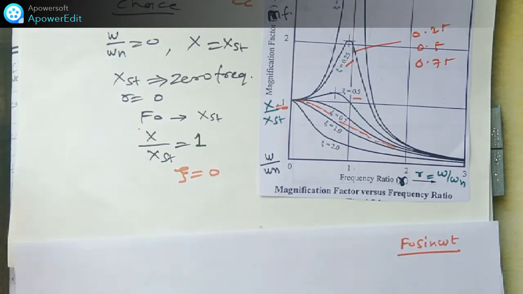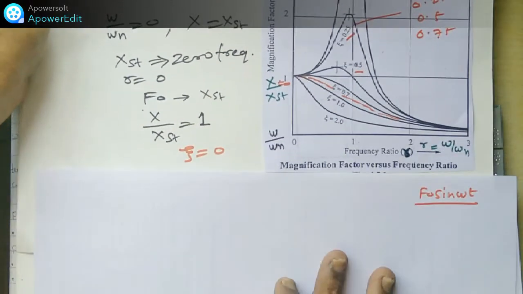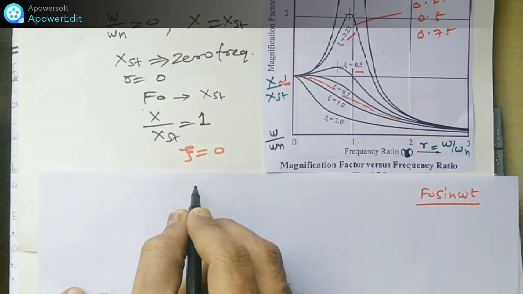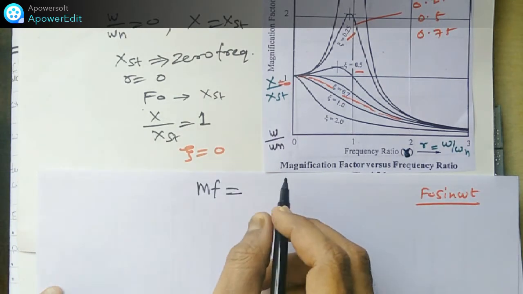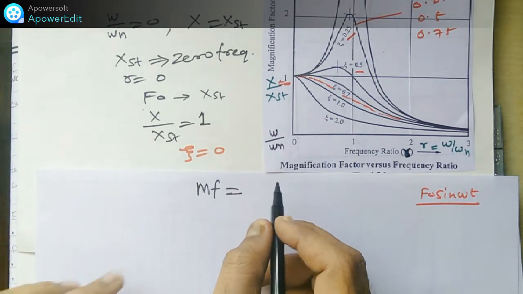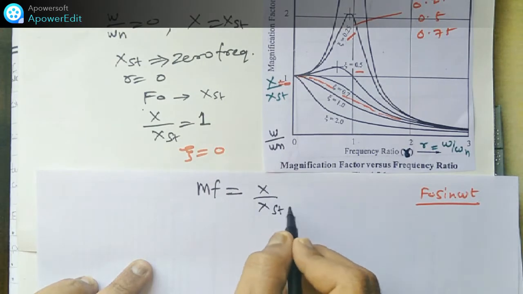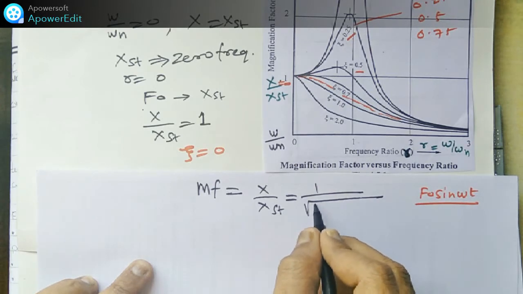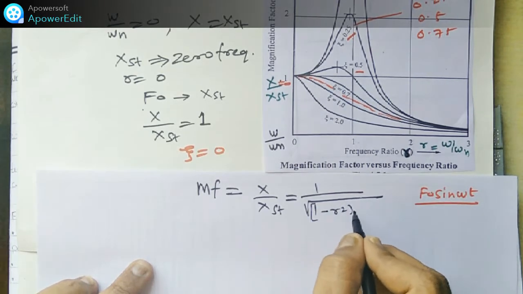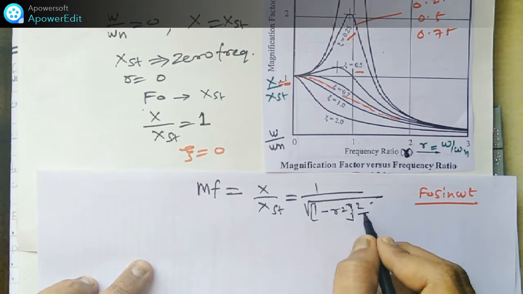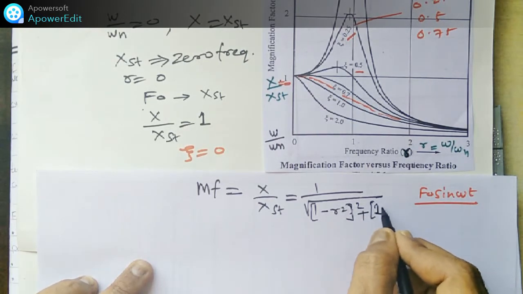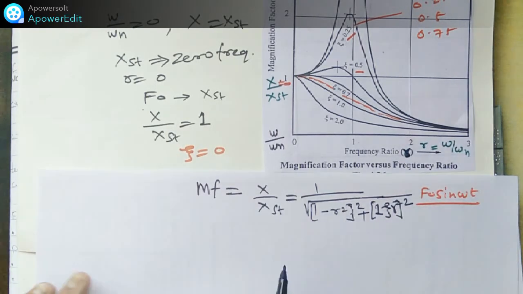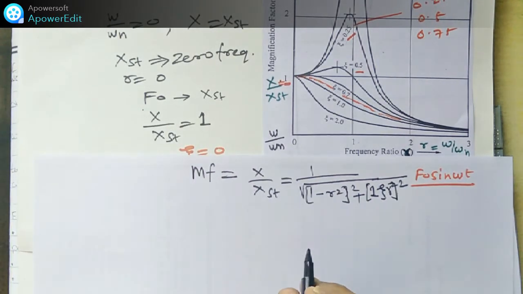We can find it by using the MF equation, which we already know. x by x_st is equal to 1 upon the square root of, inside the bracket, (1 minus r square) squared, plus (2 zeta r) squared. This is the value of MF.